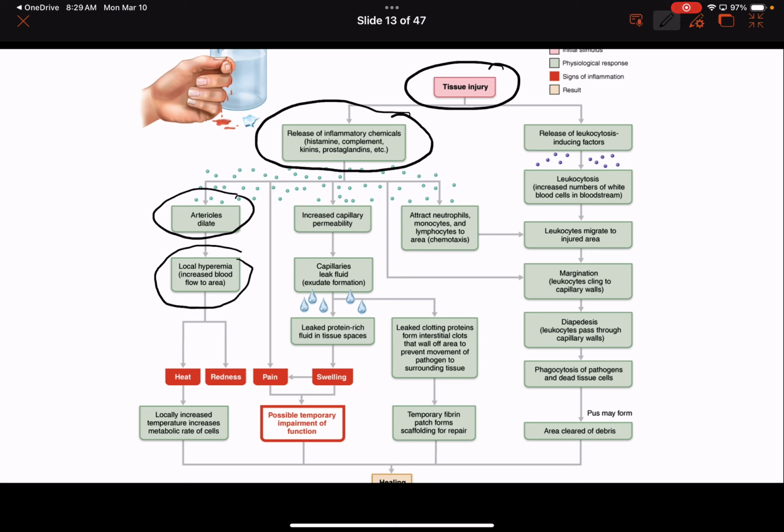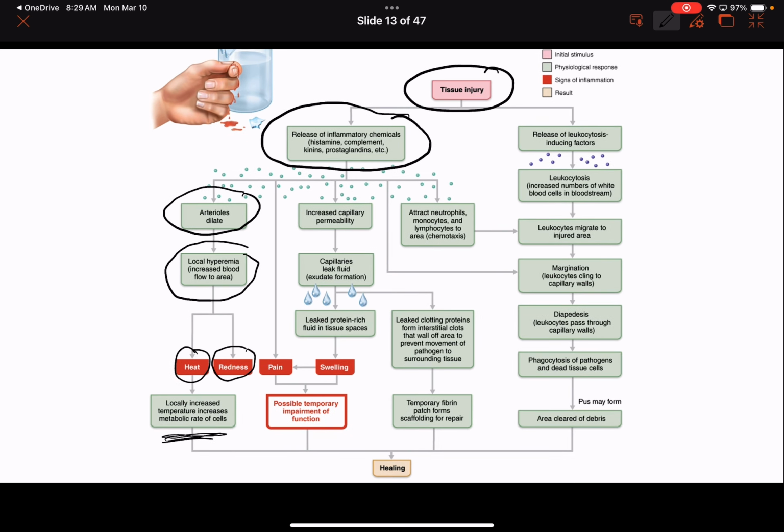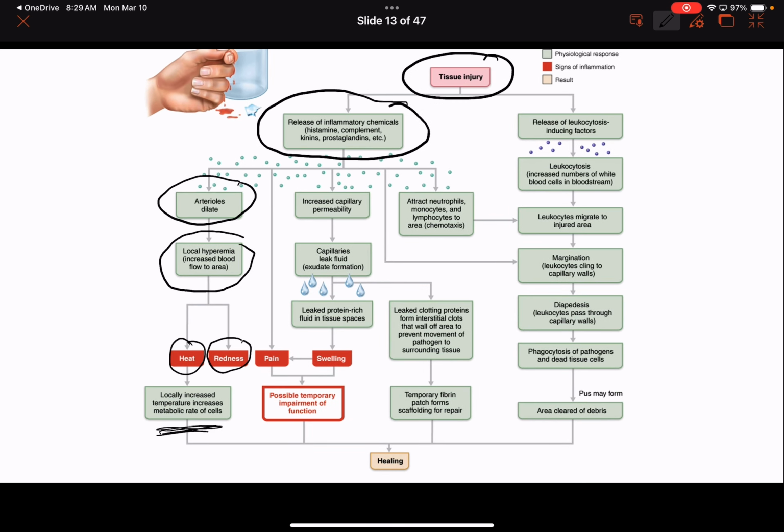We're just going to get more blood flow to that area because the vessels are dilated. So increased blood flow to the area is going to cause both redness and heat because of more blood localized to that area wherever the injury is. And then the heat, the increase in temperature, causes cells to work faster, increases metabolism, which leads to the healing of the tissue. The faster cells can work because of the higher temperature, the faster they can heal the tissue.